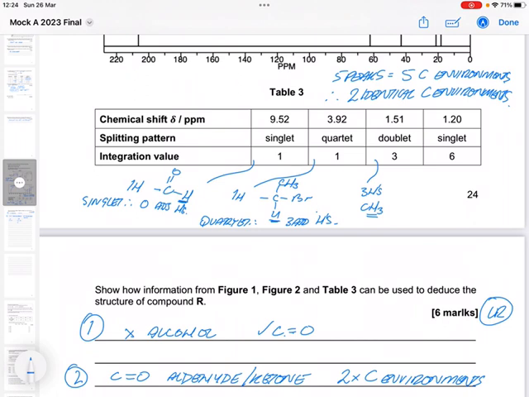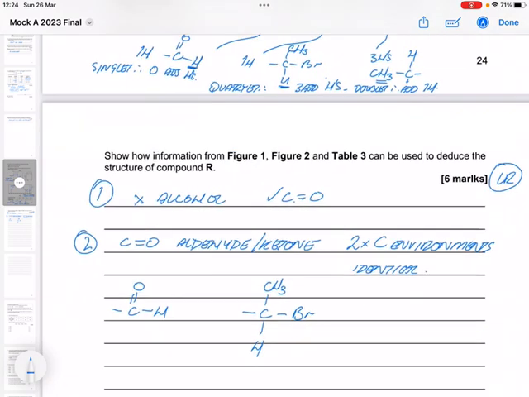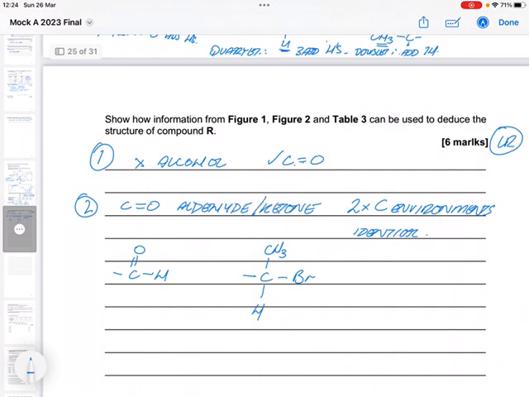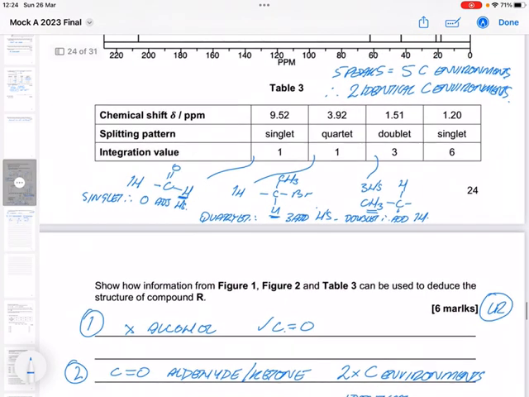It's a doublet, so therefore it is adjacent to 1 proton, so CH3 CH, can jot that down here as well, CH3 CH. And then here, so there's a big clue here because I've got an integration of 6.